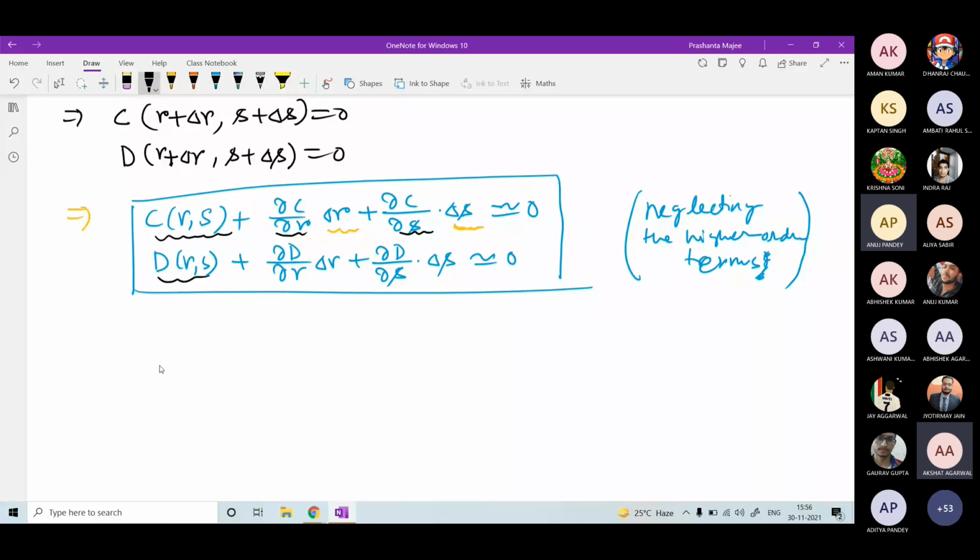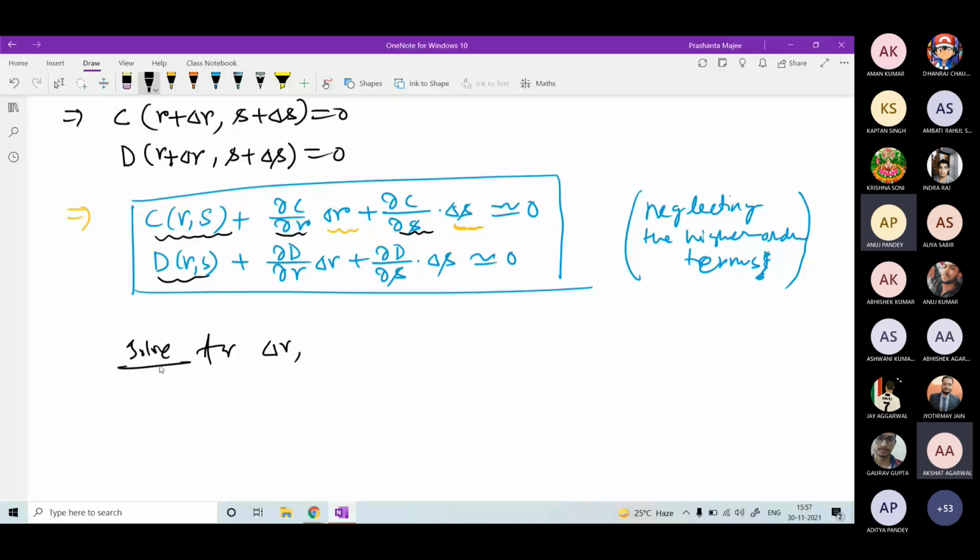At those values of r and s, you will have to evaluate C, del C by del r, del C by del s, D, del D by del r, del D by del s. So solve for delta r, delta s.